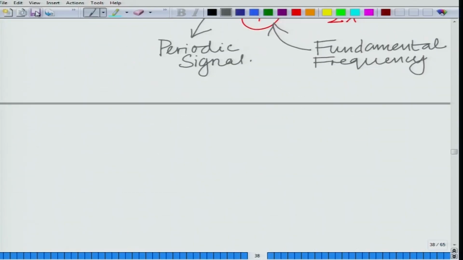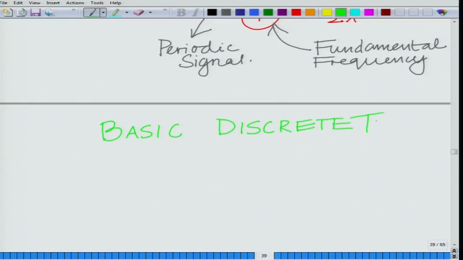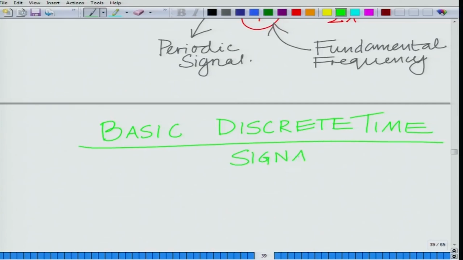Now, let us look at some basic discrete time signals, which again occur frequently in the analysis of systems. Some basic discrete time signals.